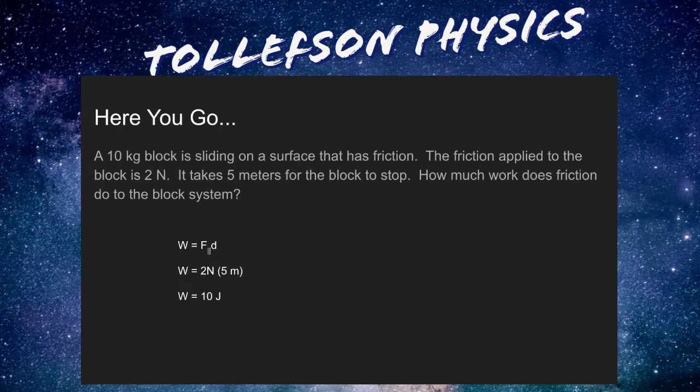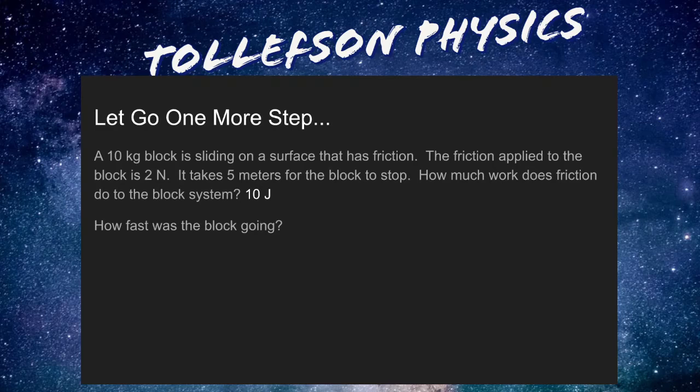Now let's take this one step further and figure out how fast the block was going initially. We're going to take that information, the work, and figure this out. So the first thing I want you to do is to create an energy bar chart or an LOL diagram. Hit pause when you're done with the diagram, unpause to see what the diagram looks like.